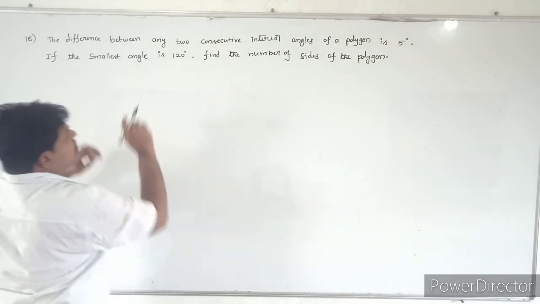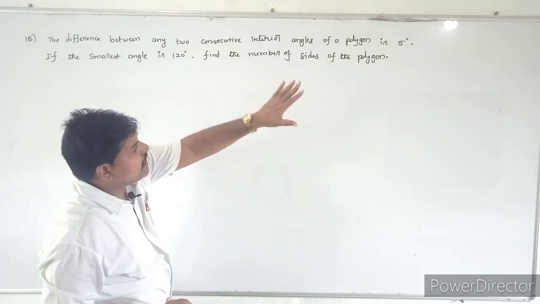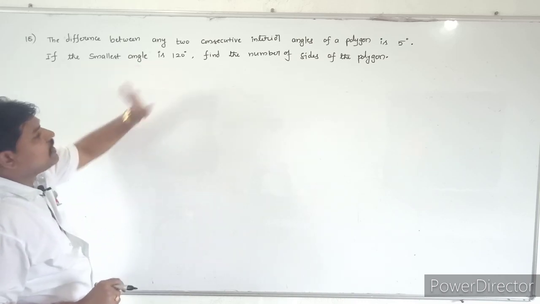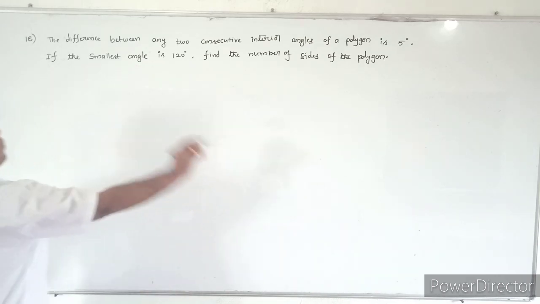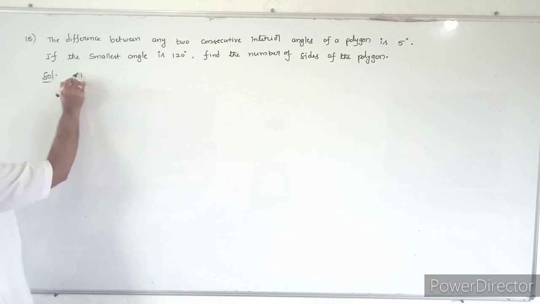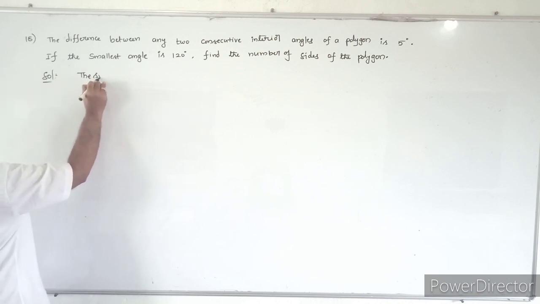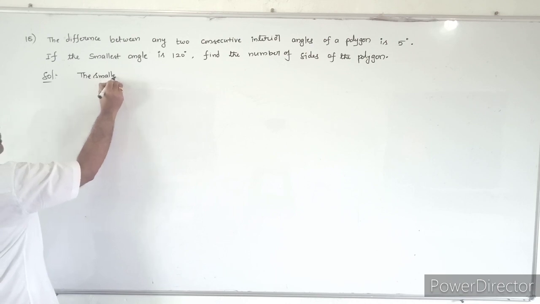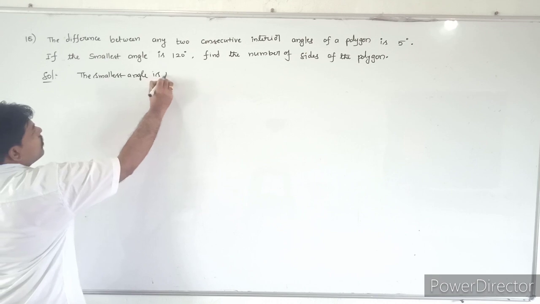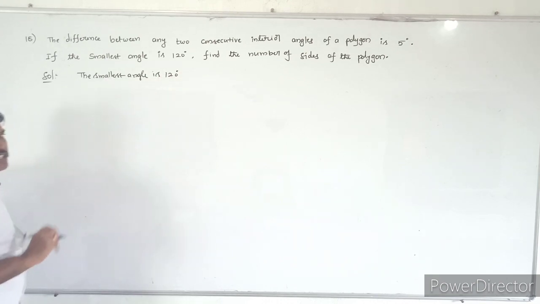The difference between any two consecutive interior angles of a polygon is 5 degrees, and the smallest angle is 120. In the question, the smallest angle is 120 degrees. I am taking this as the first one.